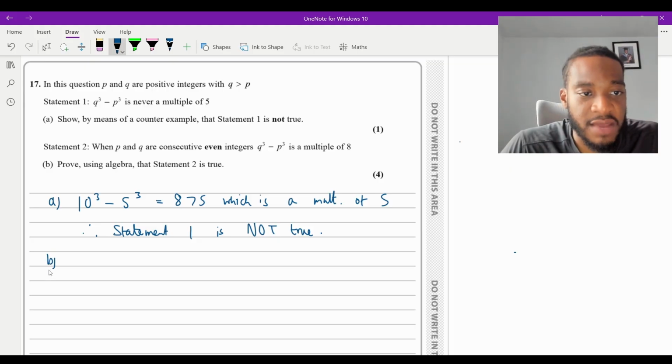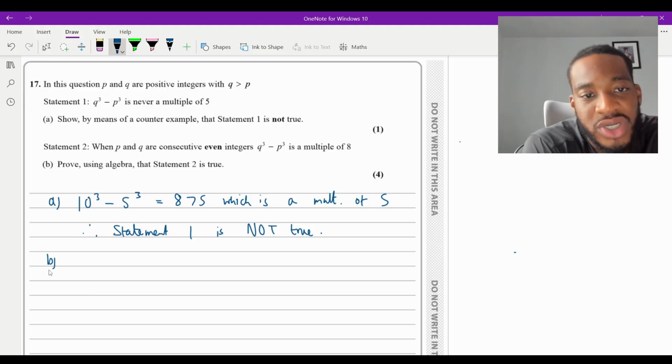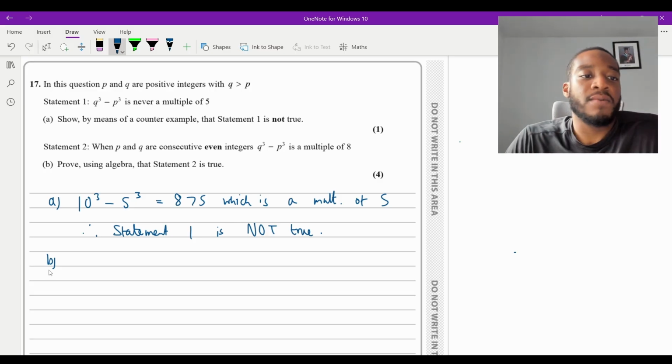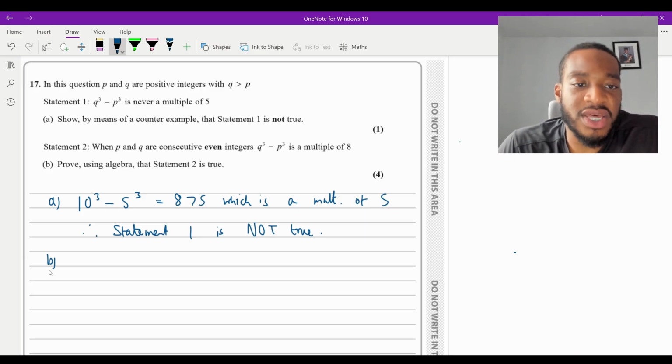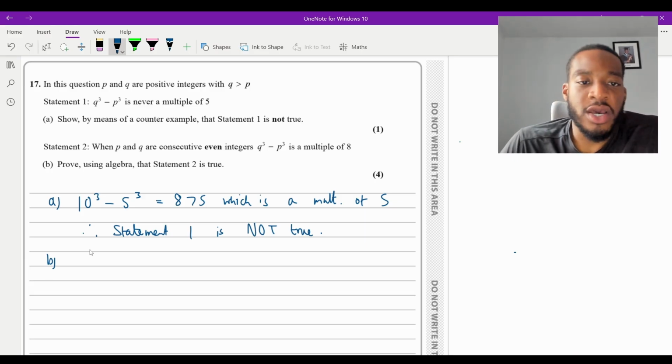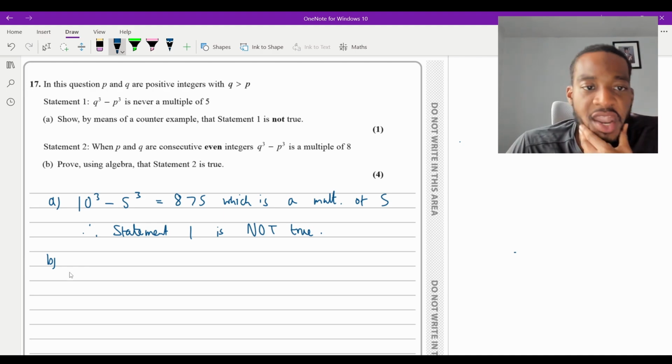Part B says, statement 2, when P and Q are consecutive even integers, Q cubed minus P cubed is a multiple of 8. Part B says, prove using algebra that statement 2 is true. Okay, so it's a proof question. And apparently P and Q are consecutive even integers now. Remember, if they're consecutive even integers, then, well, what is an even integer?